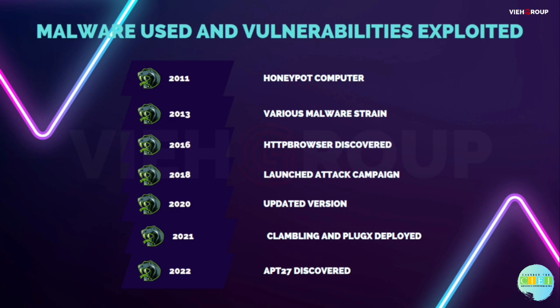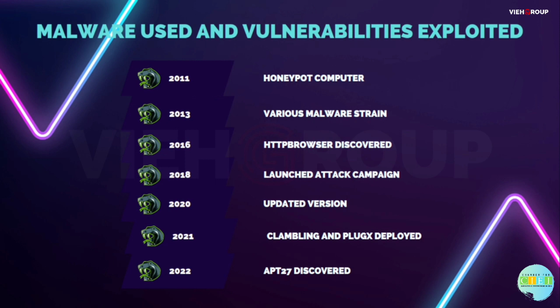miner. And later in March 2021, the group exploited several vulnerabilities, which were CVE-2021-26857, 26858, 27065, and 26855, known as the ProxyLogon vulnerability, which was affecting Microsoft Exchange Server.